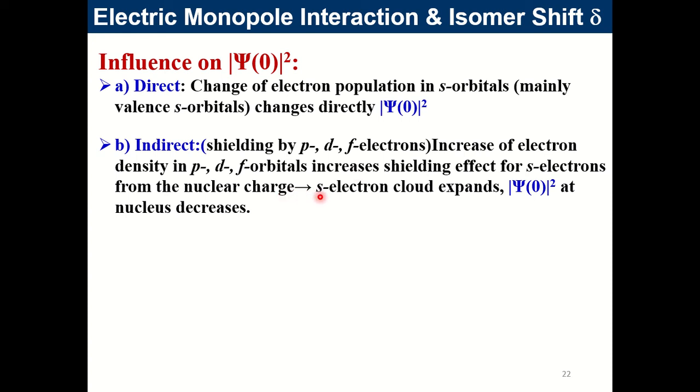So that will change the s electron cloud at the nucleus. So this is the indirect effect on the s electron density.